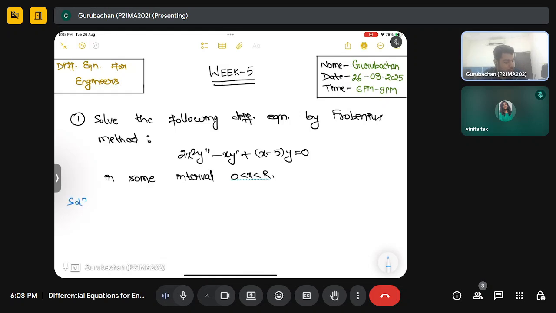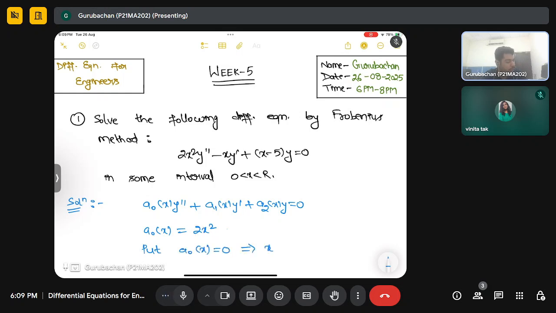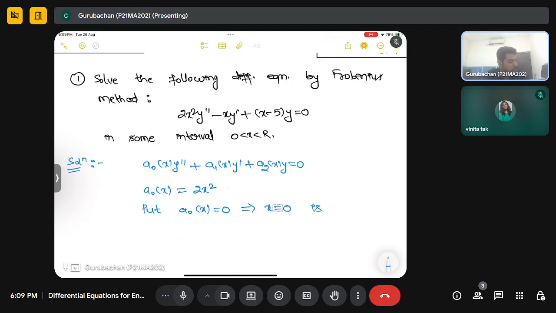From the general differential equation a0(x) y'' + a1(x) y' + a2(x) y = 0, we say any point x = x0 is a singular point when a0(x0) is 0. Here, a0(x) is 2x^2. Putting a0(x) = 0 implies x is 0. So x = 0 is a singular point.